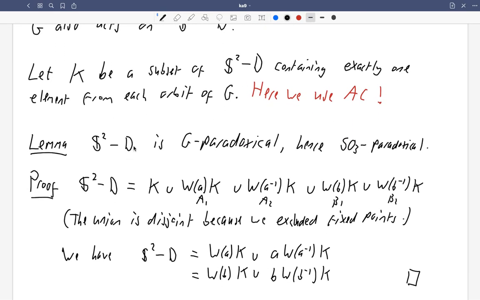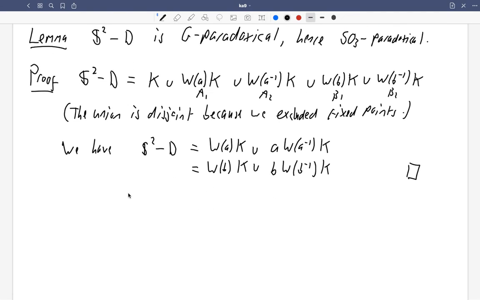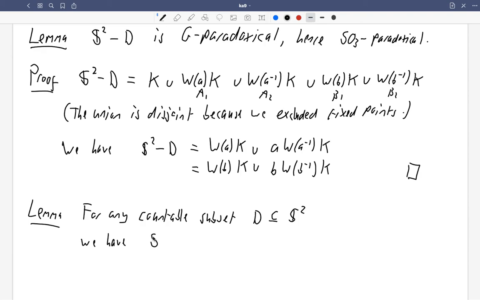The only problem is we've got the sphere minus these awkward fixed points that we couldn't quite put into the argument, but we now have another lemma, which is for any countable subset of the sphere, we have that the sphere is, that should not be equal, but is equidecomposable with the sphere with that countable subset removed.